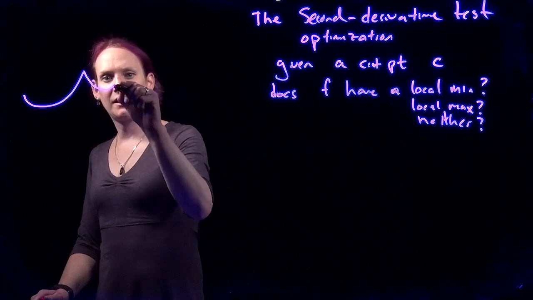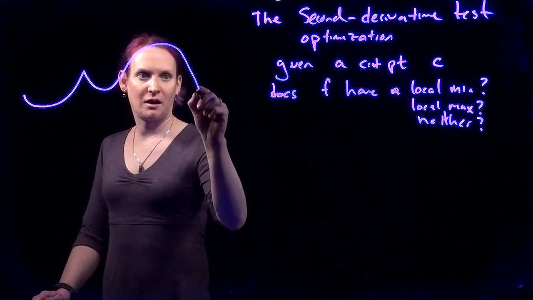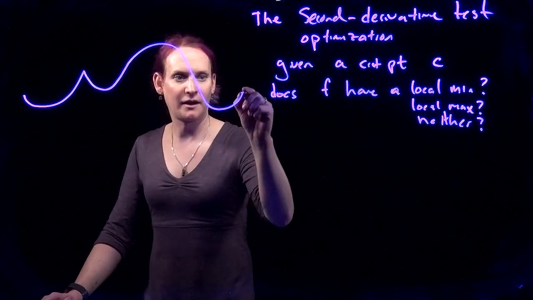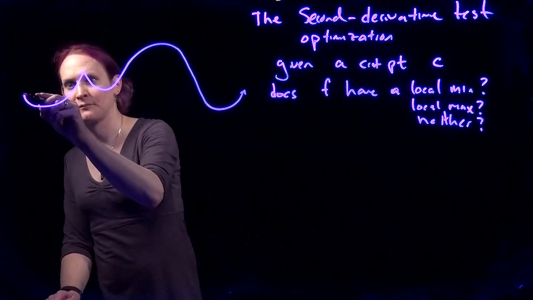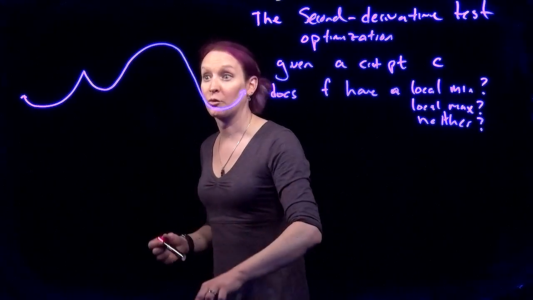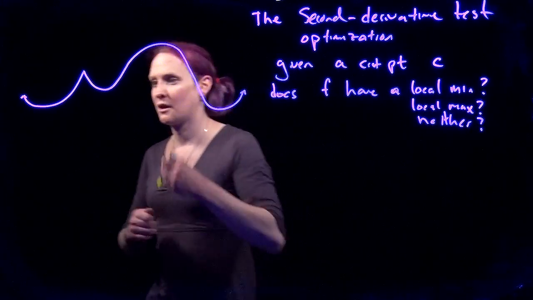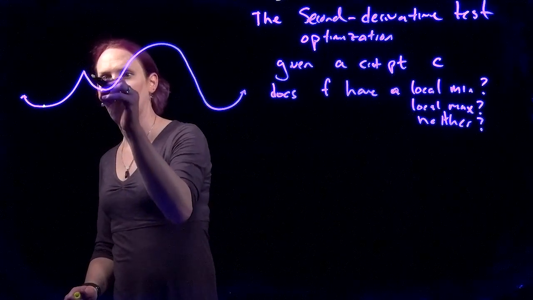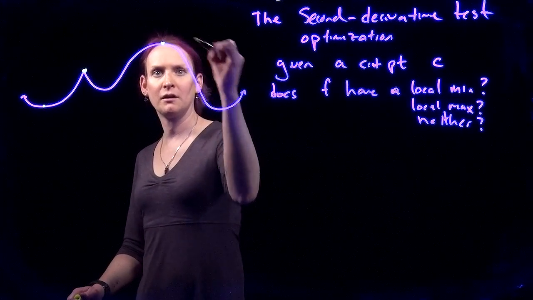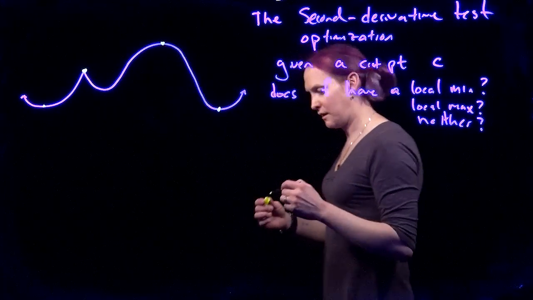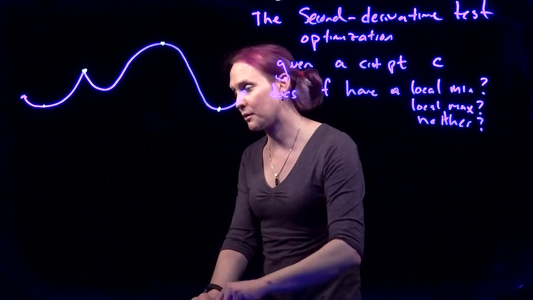So let's take a function that looks like that. Let's note where its critical points are. I have a critical point right here, right here, right here, and right here. I'd like to number those.